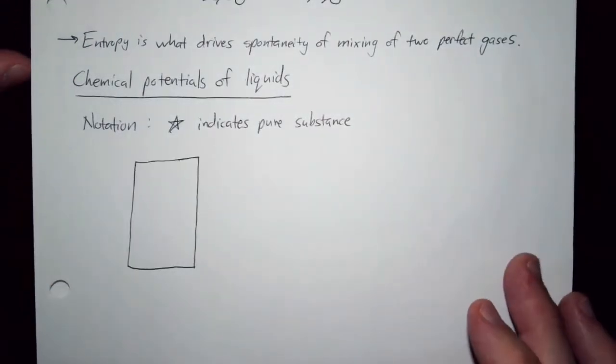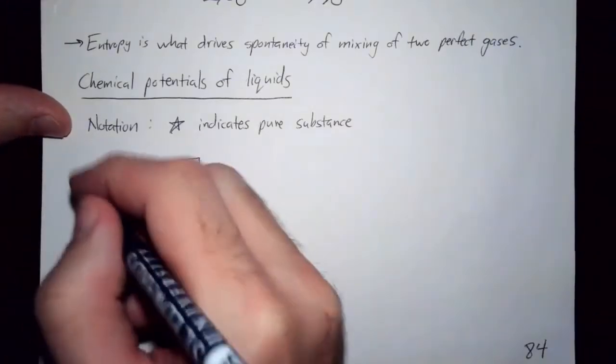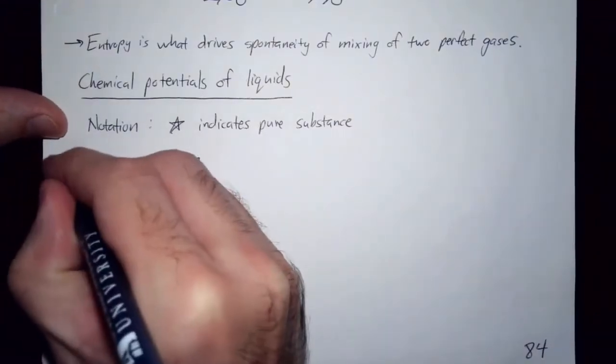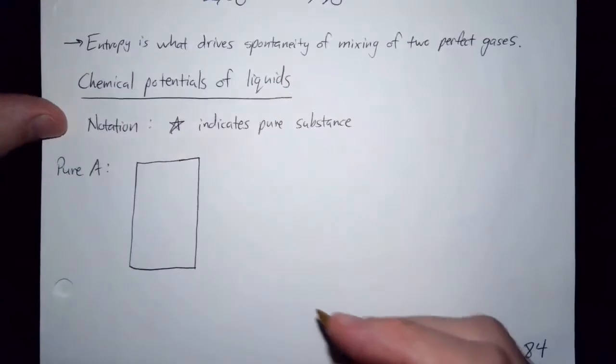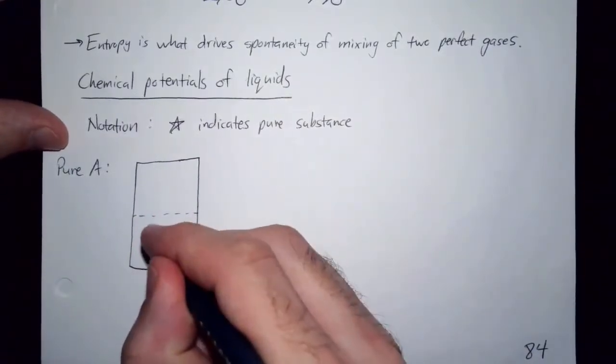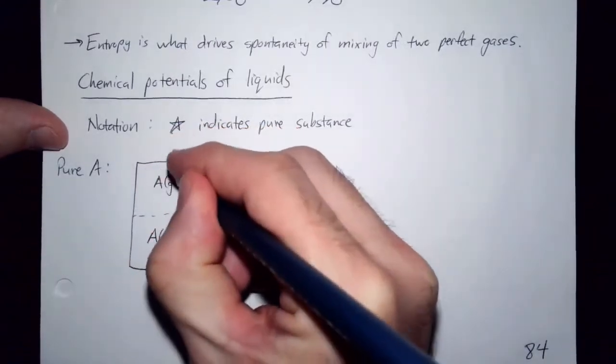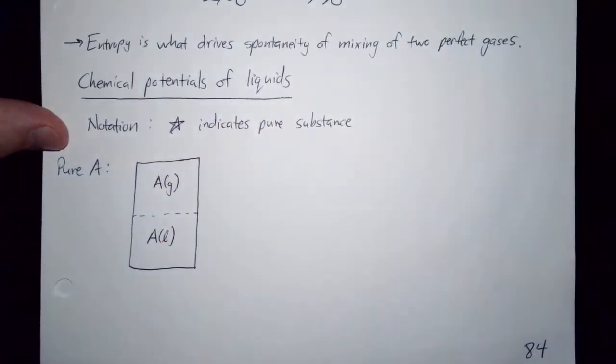Okay, so let's imagine that we have a box that contains a substance A, pure substance A. And some of this is in liquid form, and some is in gas form. And these two things are in equilibrium.